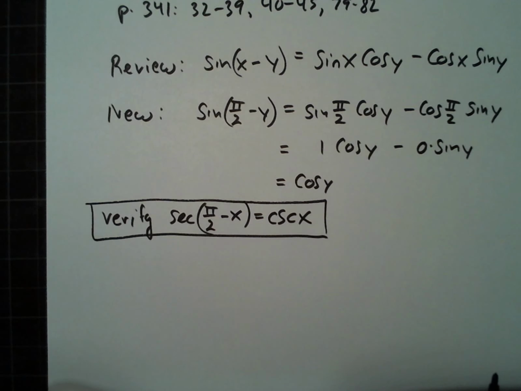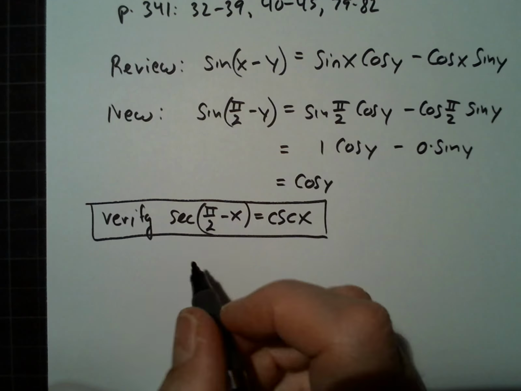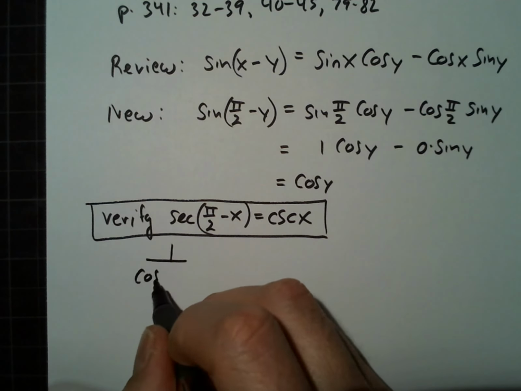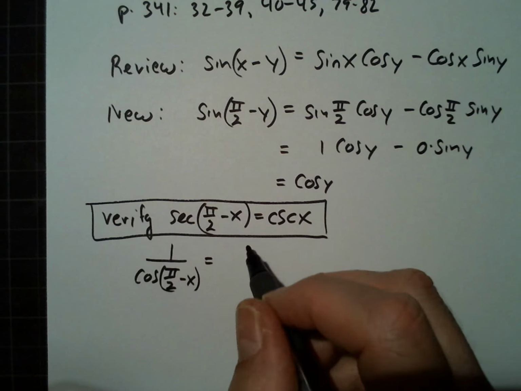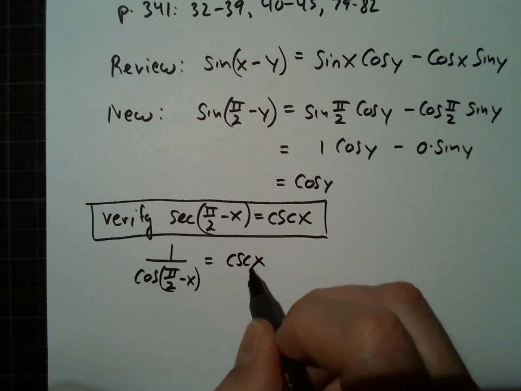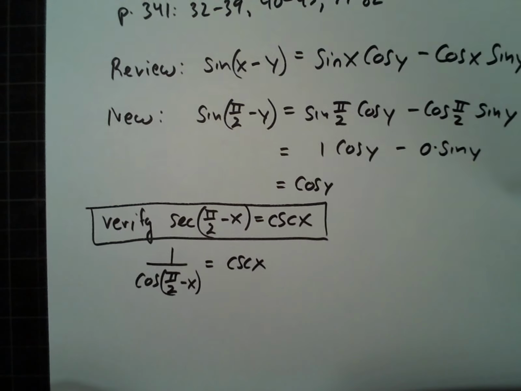All right, so to do this, we only have formulas for sine, cosine, and tangent. So we need to rewrite this as 1 over cosine, and we need to work on the left side to make it look like the right side.